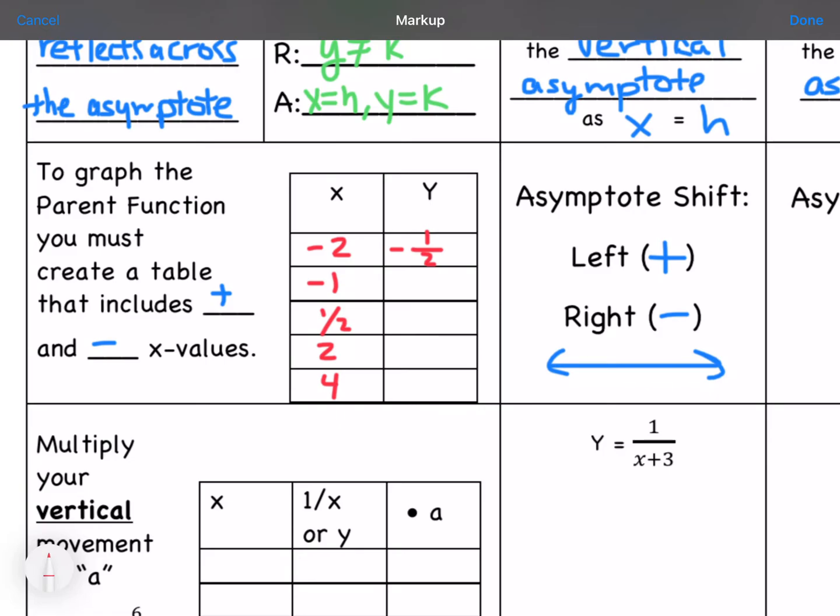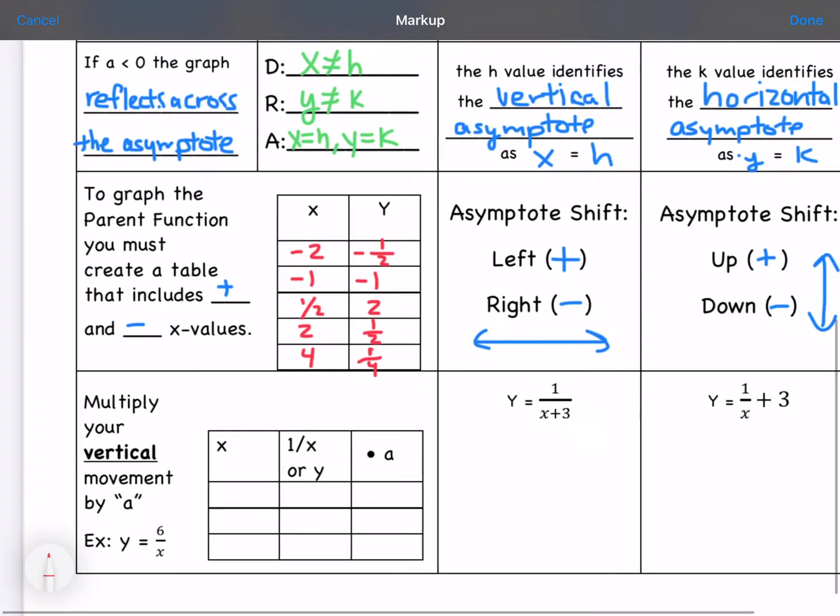When x is -1, y is -1 over 1, or just -1. When x is 1/2, 1 over 1/2 is 2, because when you're dividing by a fraction, you multiply by its reciprocal. And then we have 1/2 and 1/4. Those would be the points you would plot for the parent function.